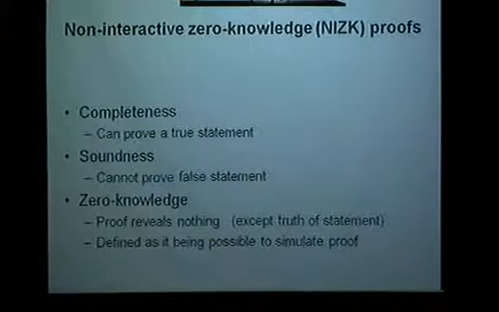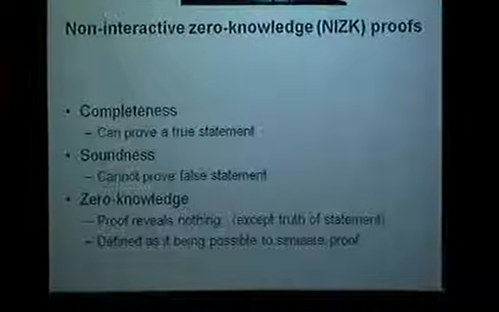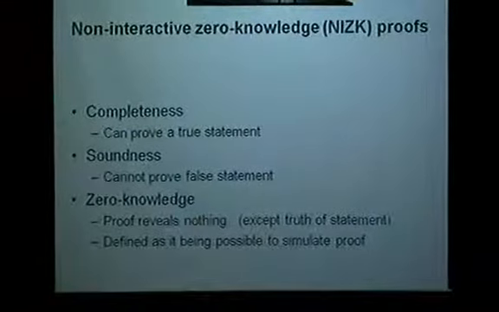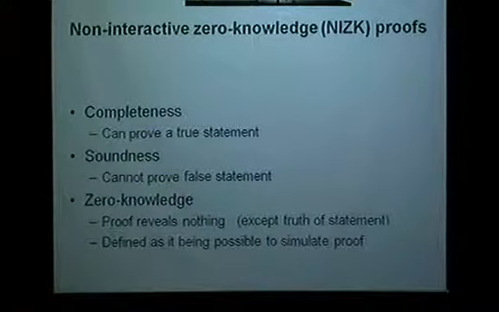And then we would like to have zero knowledge, that the prover reveals nothing except that the statement is true. And the standard way of defining zero knowledge is that you say basically that it's possible to simulate the proof. So it would be possible for the verifier to simulate the proof, and hence, since the verifier can simulate the proof, it cannot actually learn anything from the proof.